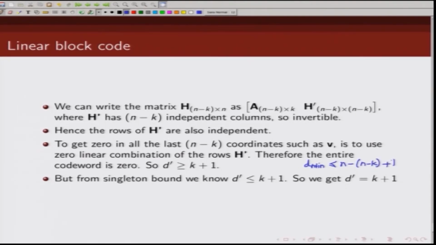So from the Singleton bound we get the condition that the minimum distance should be less than or equal to k plus 1, and from before we get the condition that the minimum distance is at least k plus 1. So if we combine these two, we get that the minimum distance of this code is k plus 1. Hence it is proved that the dual code is also maximum distance separable, because it satisfies the Singleton bound with equality. With this we conclude this lecture.